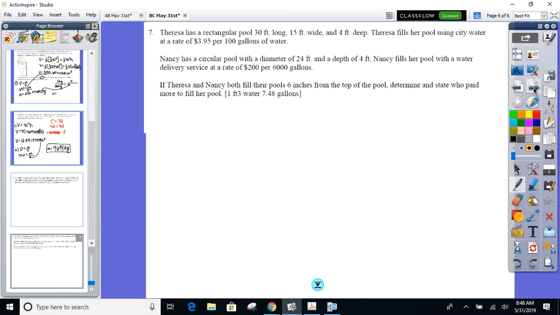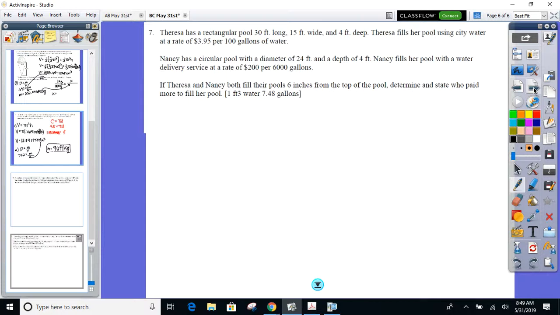She's got a rectangular pool. She fills it using the city water. They charge her $3.95 for every 100 gallons. And Nancy has a circular pool with a diameter of 24 and a depth of 4.